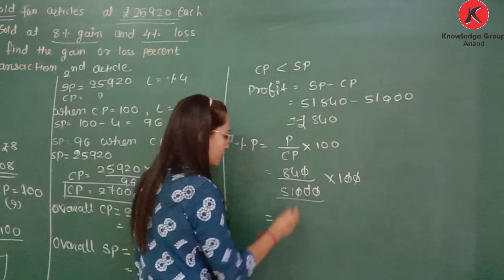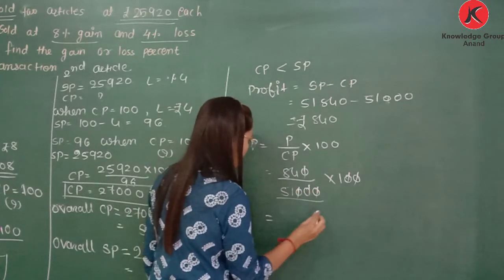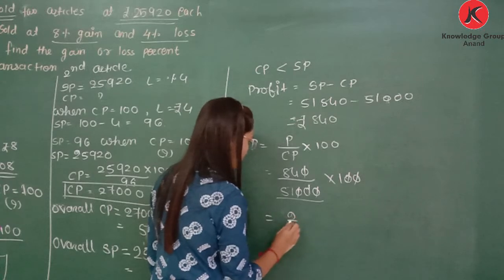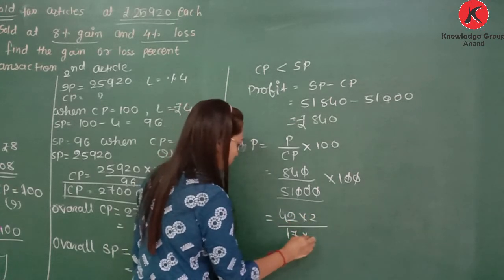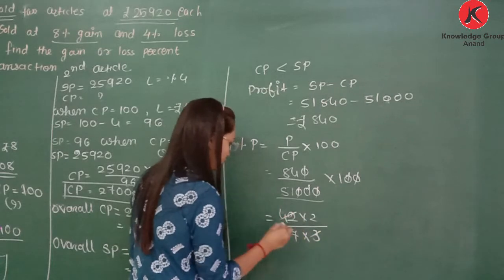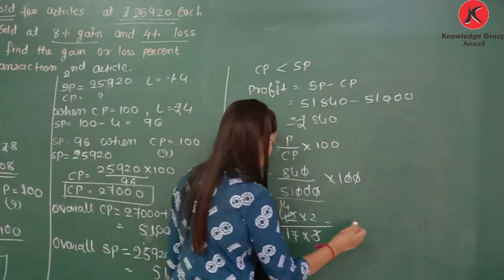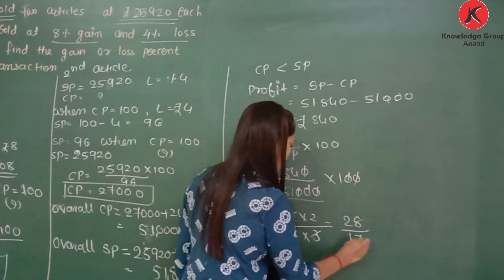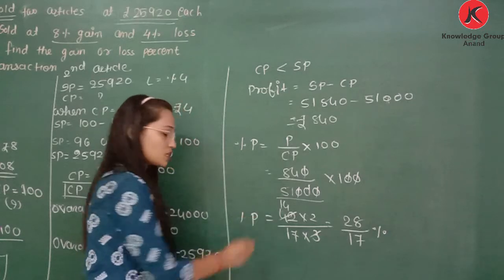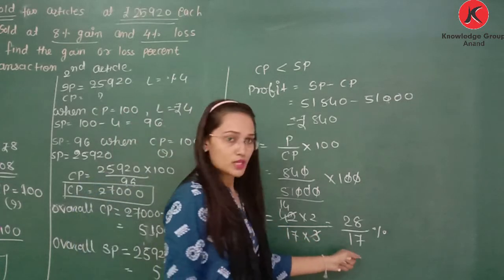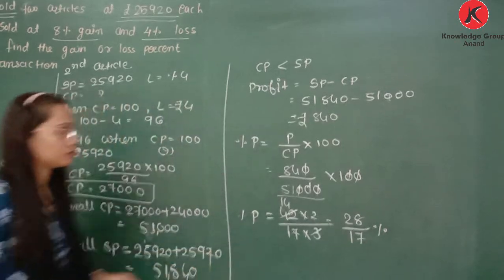So here we can factorize this. 28/17%, that is overall percentage profit. You can convert this into a mixed fraction, or you can write 28/17 as the percentage profit.